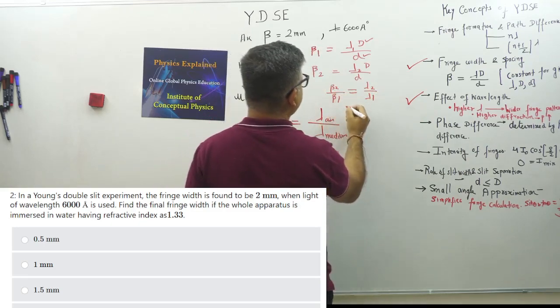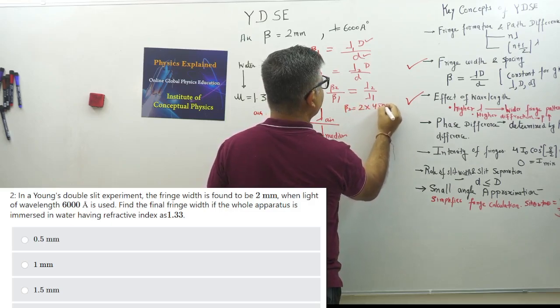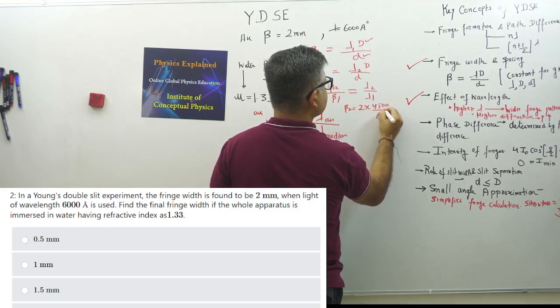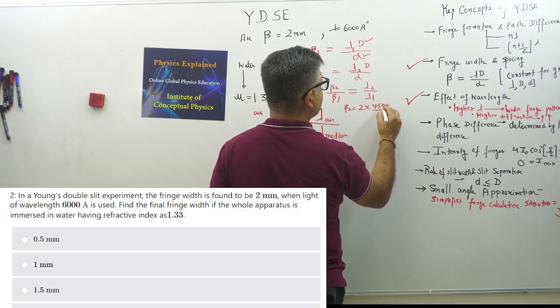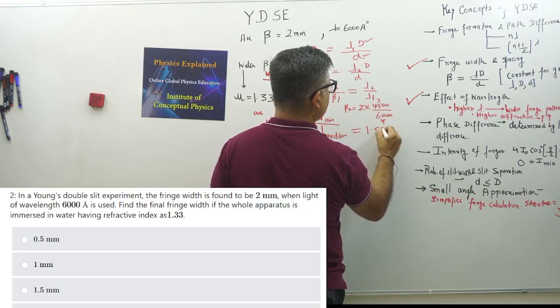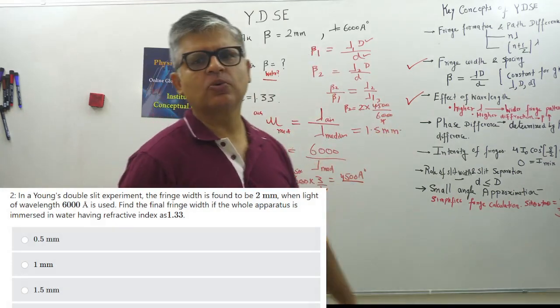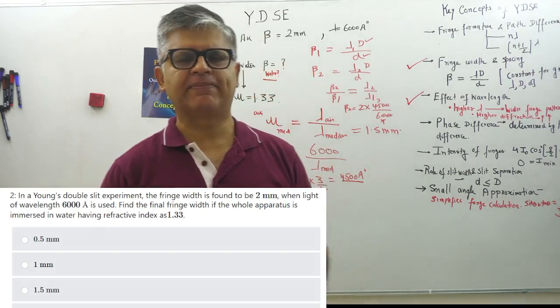So beta 2 will be equal to 2 into 4,500 divided by 6,000. This becomes 1.5 mm. So we have been able to calculate the new fringe width in the experiment.